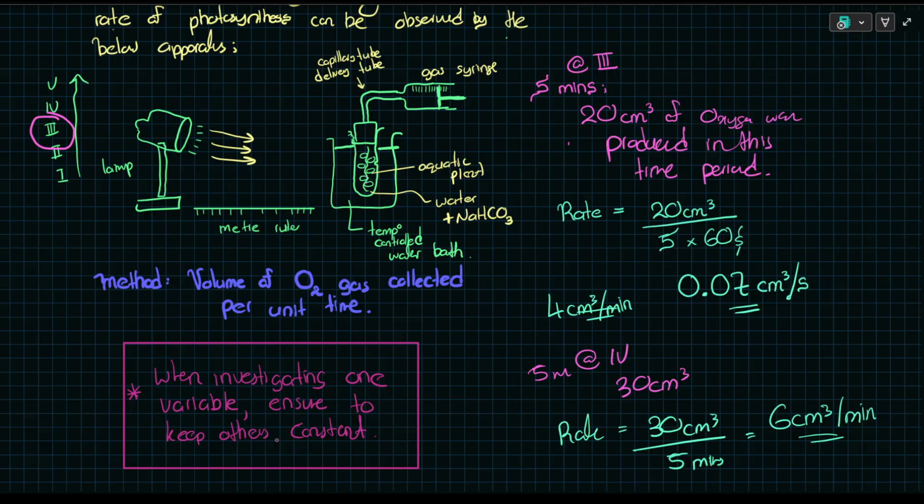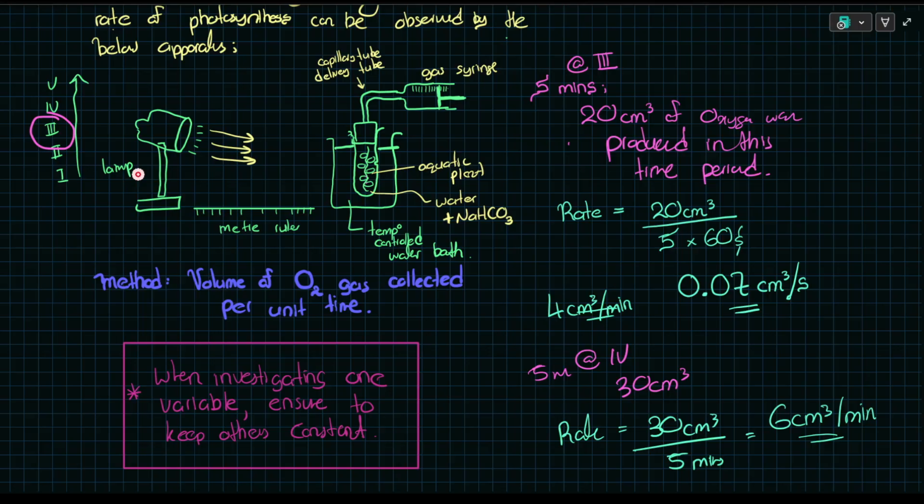You have to ensure you keep the others constant. In this case, for a change in light intensity, we have to keep temperature, time, the plant, all that stuff the same.